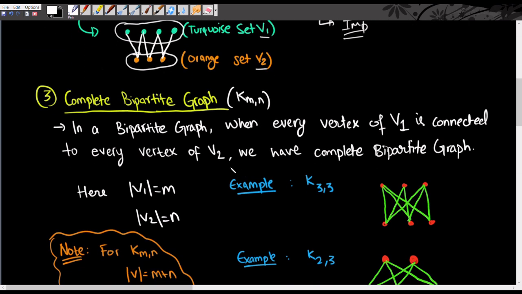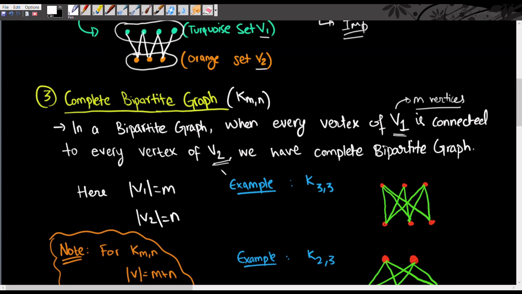Alright, the next type of graph is called a complete bipartite graph, denoted by K(m,n). As the name suggests, it is a bipartite graph. When every vertex of your first partition V1 is connected to every vertex of V2, we have a complete bipartite graph. V1, your first partition, has m vertices.